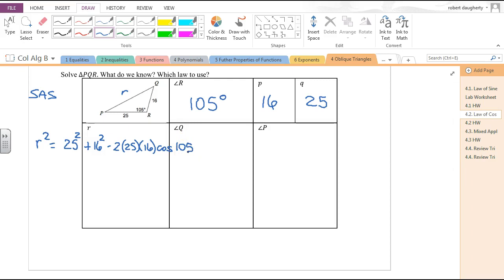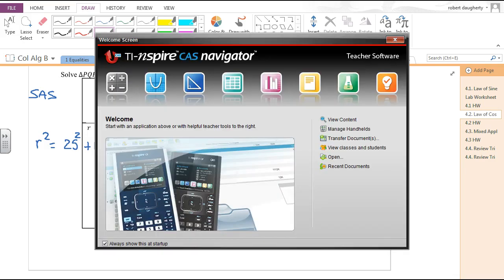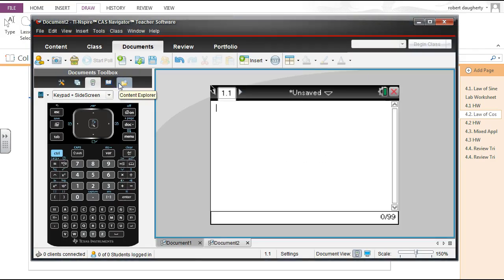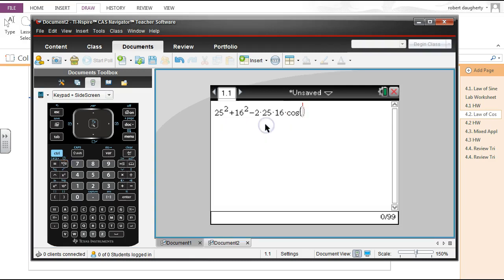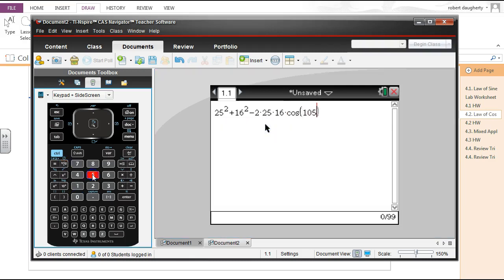Now, in the dark ages, when I was a kid, I had to do some more arithmetic. What are we going to do to solve this? Calculator, in a hurry. So I'm just going to go on my calculator and figure this out. It's 25 squared plus 16 squared minus 2 times 25 times 16 times cosine of 105.